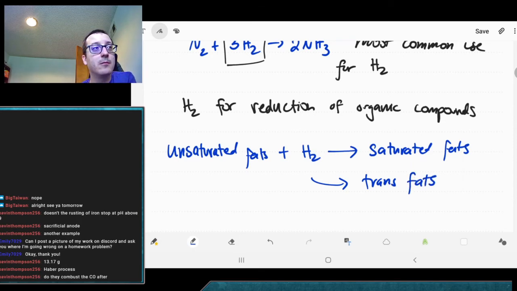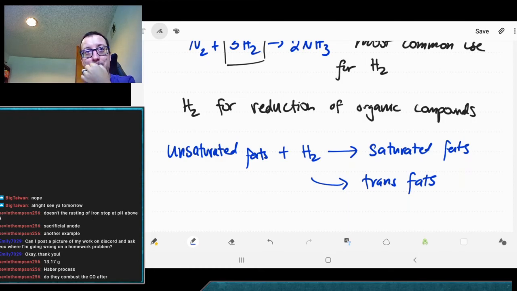So not only in the chemical industry, but in terms of production of foodstuffs, we can hydrogenate fats. You can see partially hydrogenated soybean oil or whatever on your labels sometimes. That's a trans fat. So it's something we typically want to avoid, but that is something it is used for.